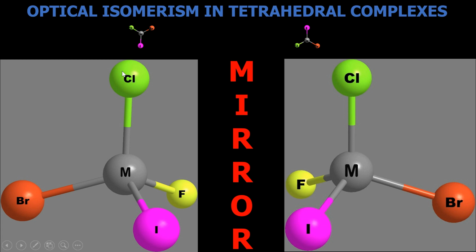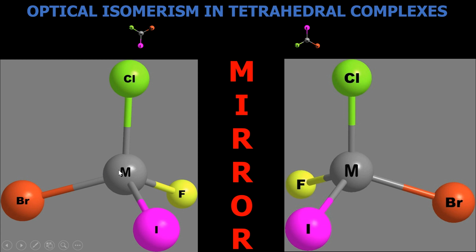Can you find out a plane of symmetry? Any plane, on both the sides. If you find similar atoms, then you will be able to say that there is a plane of symmetry. But unfortunately, in this molecule, you won't find any plane, because this is tetrahedral and all the ligands attached to the metal ion are different.